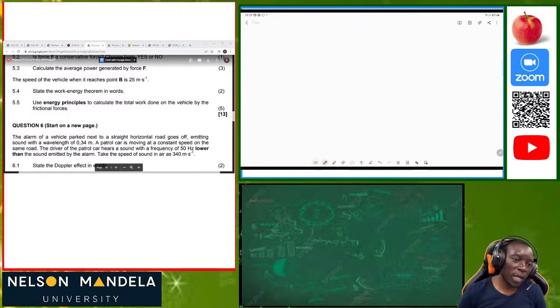We can apply the work energy theorem in this case and create an equation which we can use to find the work done by friction.